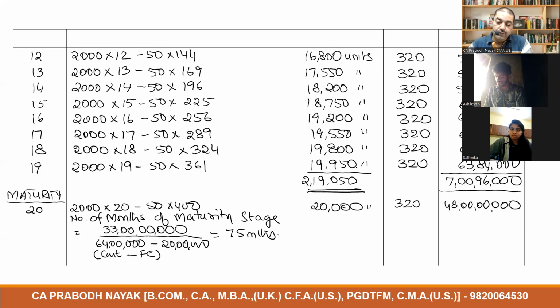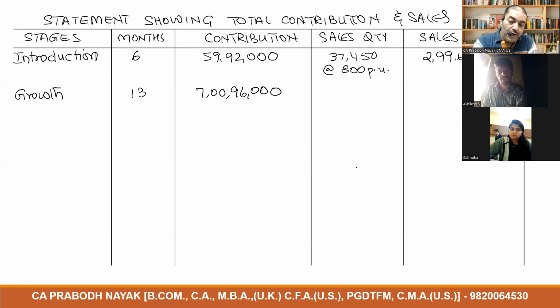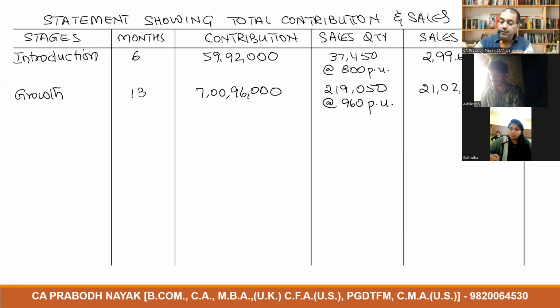Check. Are you getting 2,19,050? Yes, sir. What is the selling price in the growth stage? 960. So I'll write here 2,19,050 at 960 per unit. So multiply this. You get 21 crores, 2,88,000.